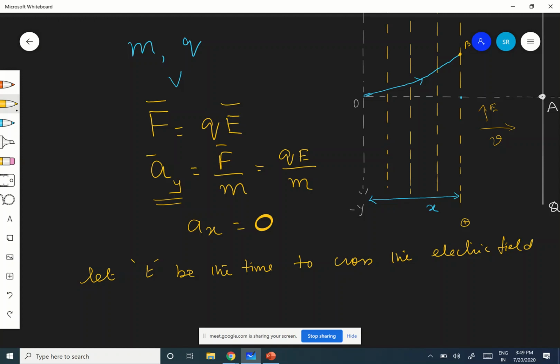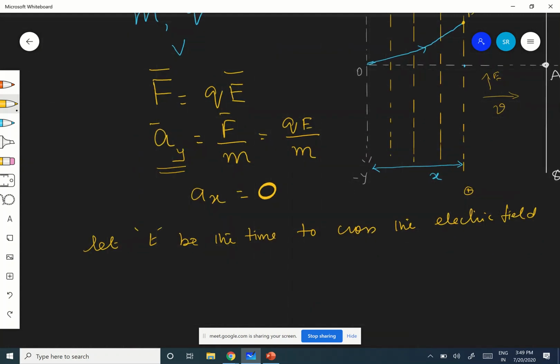Okay, therefore, what is the time taken by the charged particle to cover the horizontal distance x? The horizontal distance covered is x. And what is the horizontal velocity? Because horizontal velocity, I told you, it is entering, it is moving with the horizontal velocity that is equal to v.